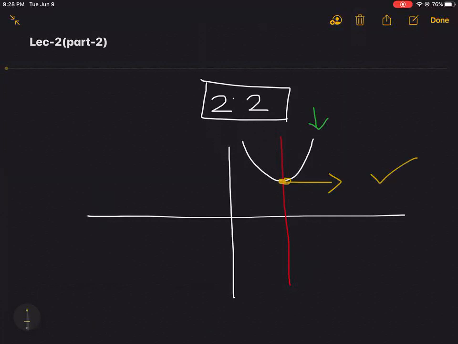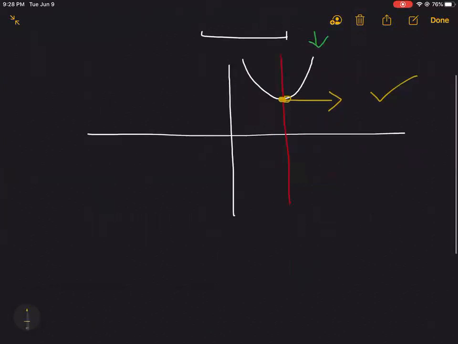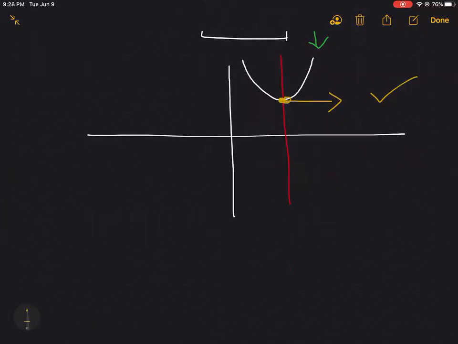Okay, and vice versa, of course. That means if the red line, the line parallel to the y-axis, intersects your curve in more than one point, then we say that this is not a function. Okay, let's see one example of that as well.